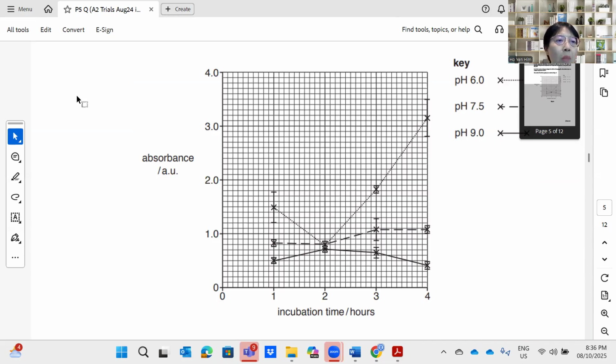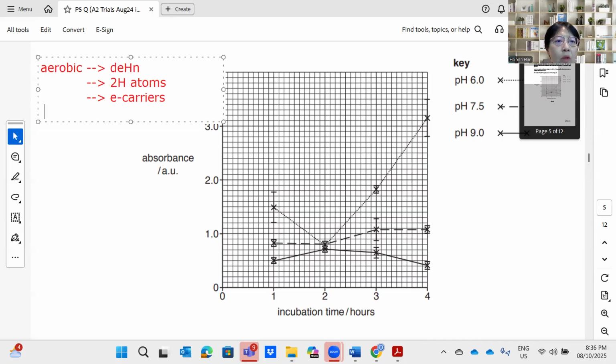So absorbance here has to do with what we learned last week, whereby when yeast respire, whether it's aerobic or anaerobic, it will lead to a lot of dehydrogenation reactions, which will give rise to a lot of hydrogen atoms per dehydrogenation reaction, and then this will be carried by electron carriers.